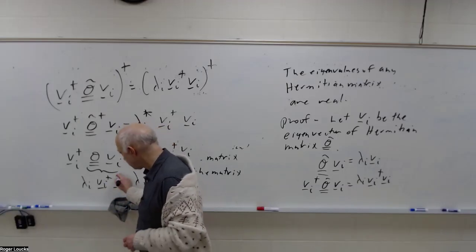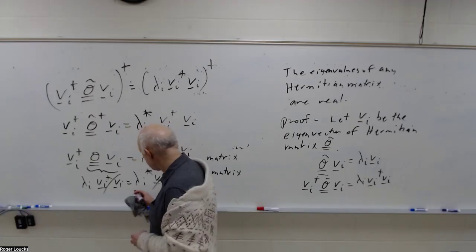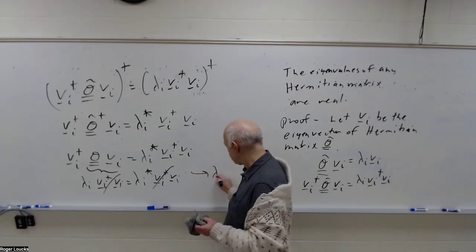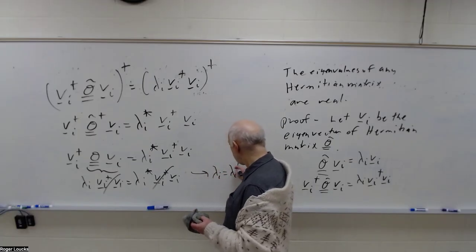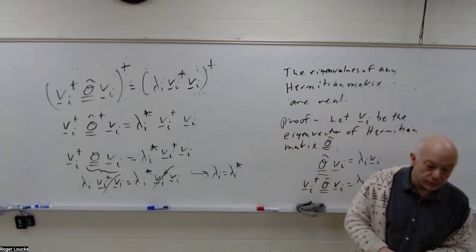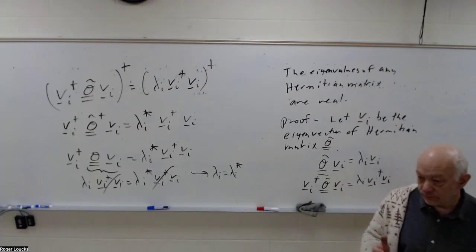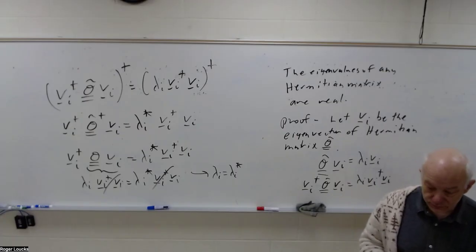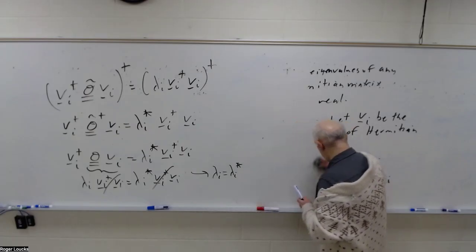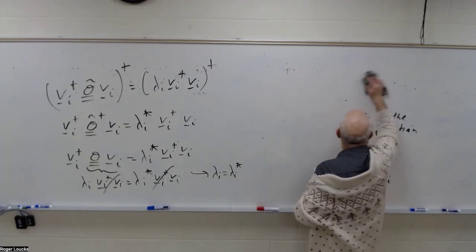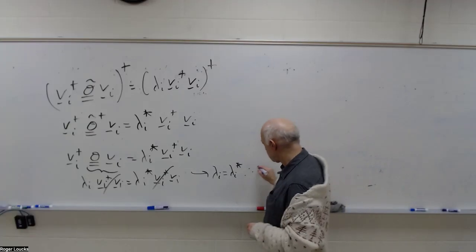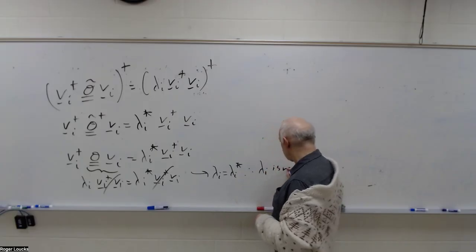This is not zero because it's basically the inner product of v_i with itself. So this gives me lambda_i equals lambda_i star. When is a constant equal to its complex conjugate? Only if it's real. Therefore, lambda_i is real.